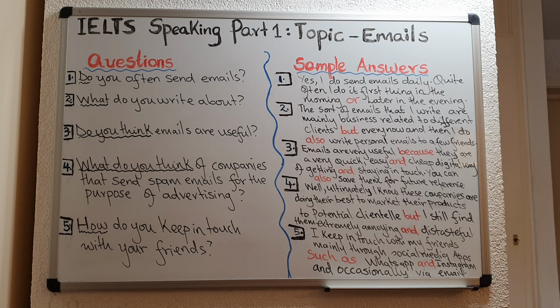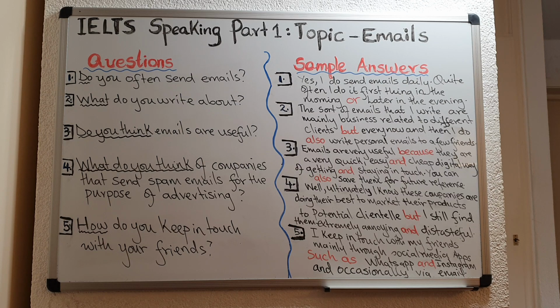Now, the next thing that is extremely important, actually more important than all the rest, is that you have to use the correct tense. Your grammar is extremely, extremely important. As soon as you begin speaking broken English, the examiner straight away knows that your band score is going to be low.